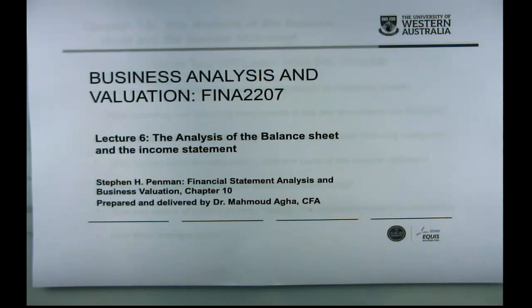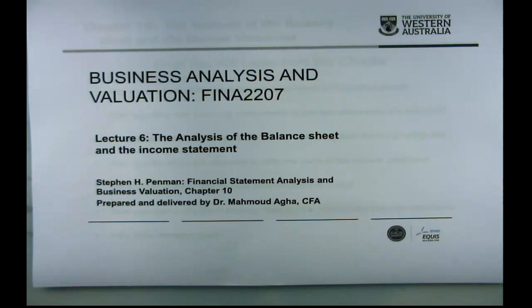Last week we introduced some basic concepts and also dealt with the statement of shareholders' equity. We saw how to clean the statement of shareholders' equity and restate it such that everything there belongs to the common shareholders' equity, right?